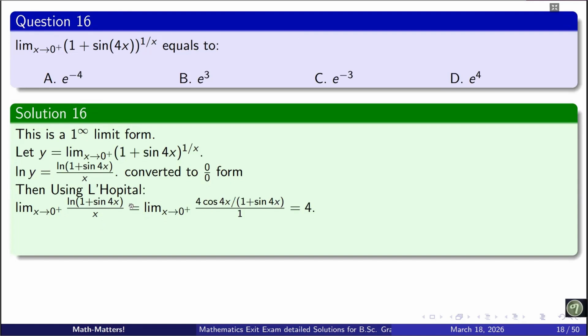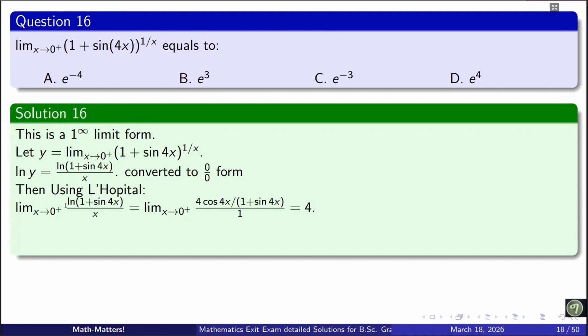The derivative of ln is 1 over 1 plus sine of 4x, and the derivative of 1 plus sine of 4x is cosine of 4x times 4. So we have 4 times cosine of 4x over 1 plus sine of 4x, over 1, where 1 is the derivative of the denominator, which is x. So the limit of this rational function as x approaches 0 from the right side is 4.